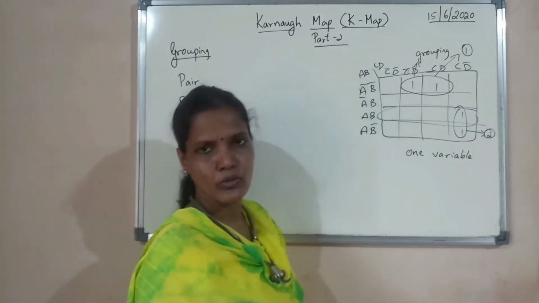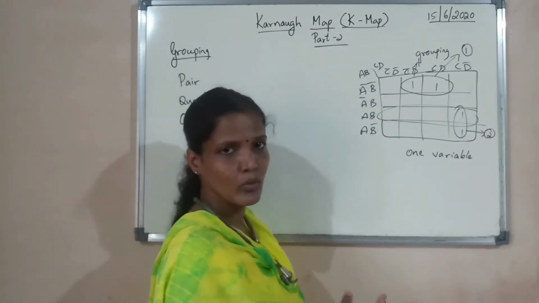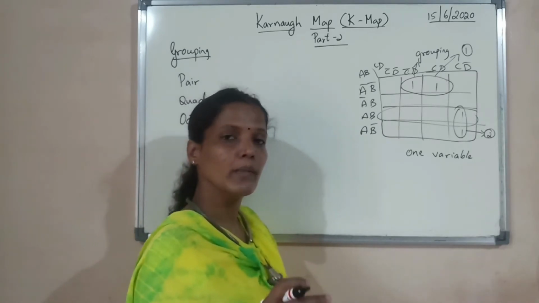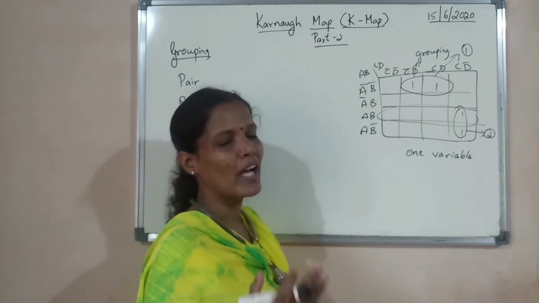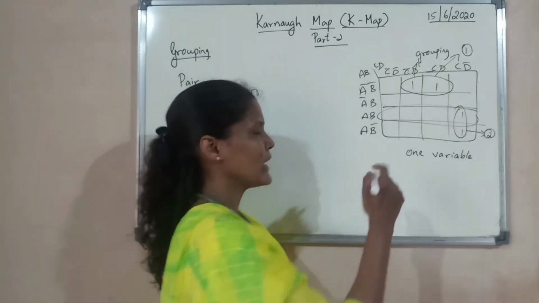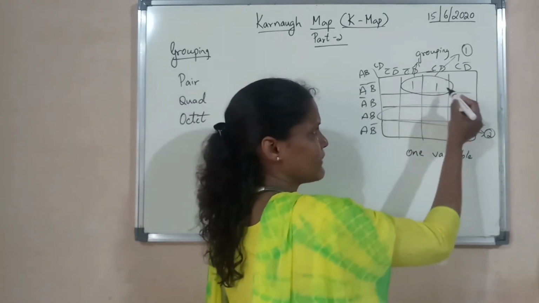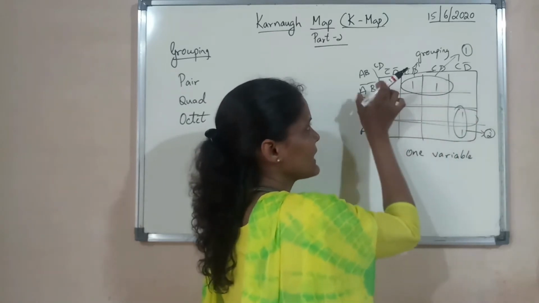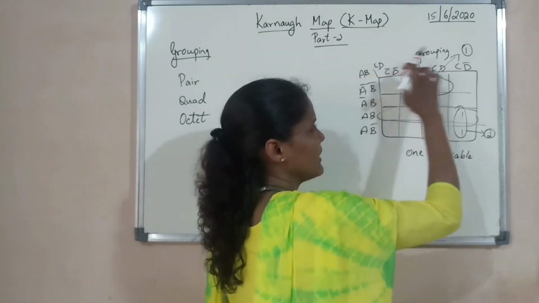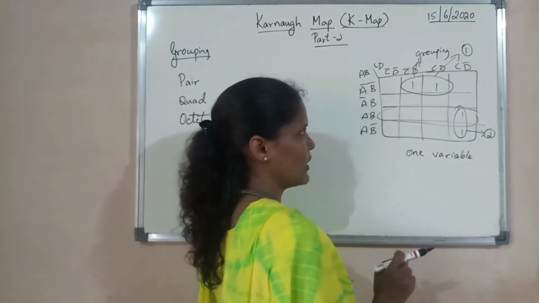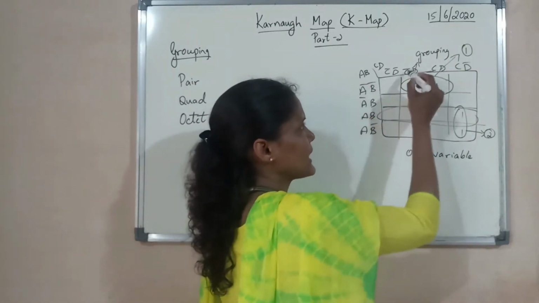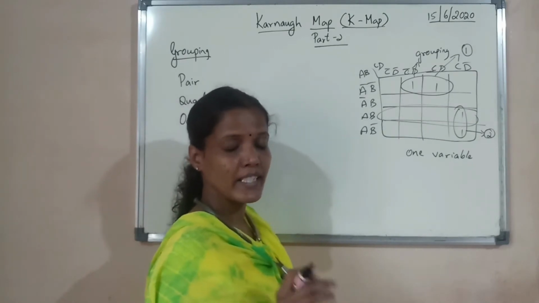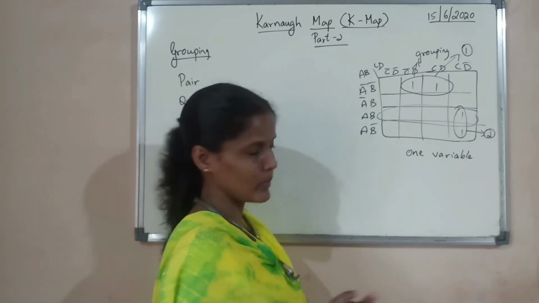When we do grouping in terms of pairs, one variable will be eliminated, which changes from complemented to uncomplemented form. I mean to say, for this group 1, I have to consider this particular row and these two columns. Here in these terms, I have to identify which variable is present in both complemented and uncomplemented form.